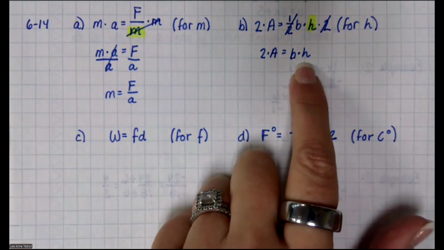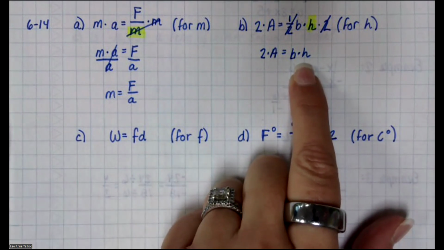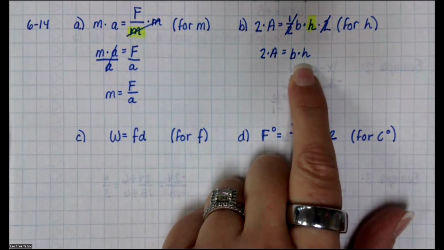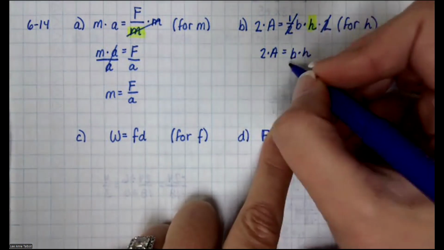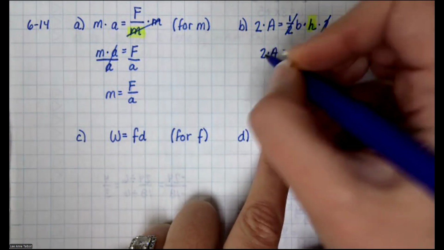Okay, this operation is, yes, times, right? How do you undo times? Divide, right? And I want to get H alone, so I'm going to get rid of B.